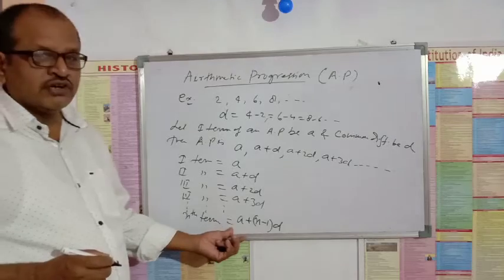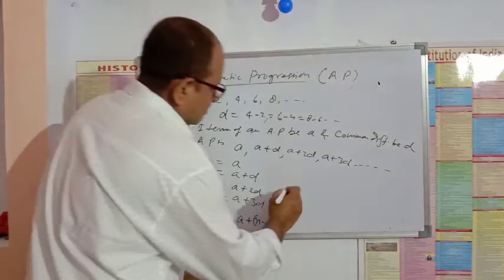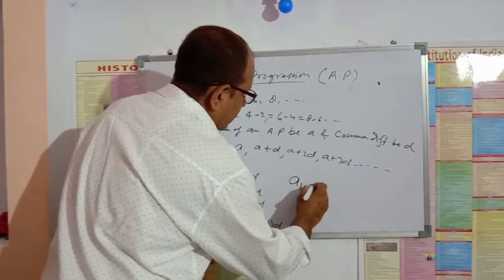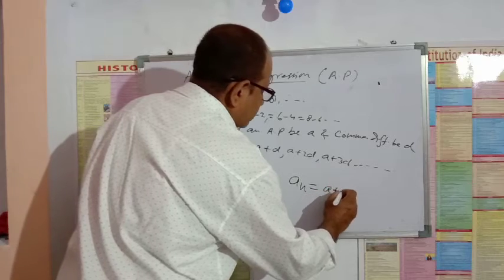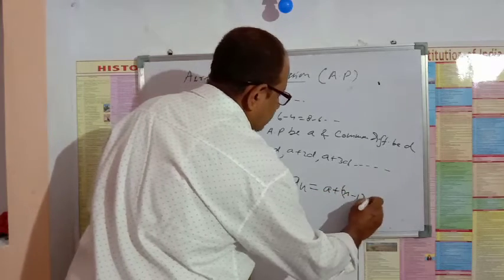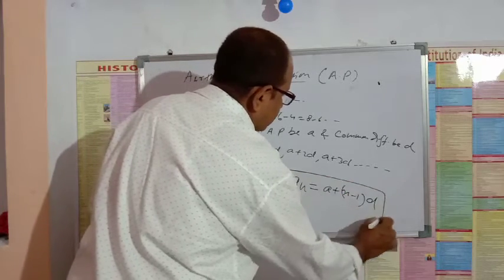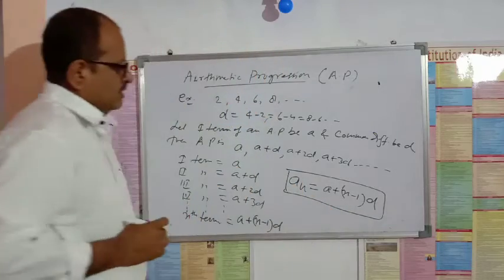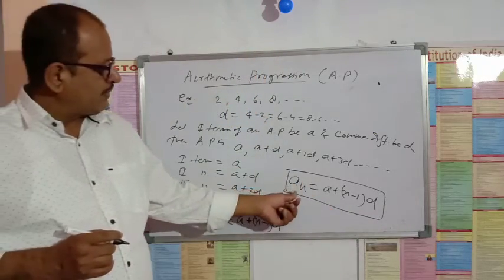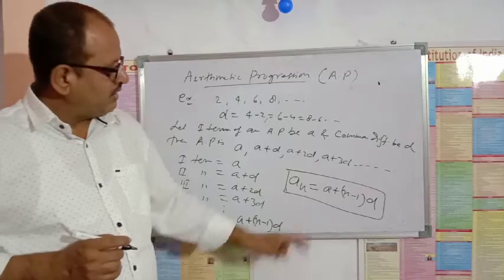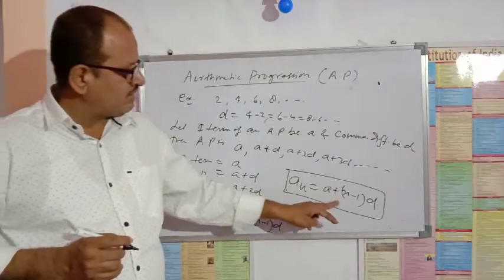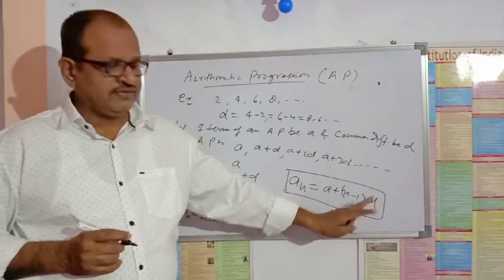This is the formula for the general term, the nth term. The nth term is denoted by a_n. So a_n is equal to a + (n - 1)d. This is the nth term of an AP, where a is the first term and d is the common difference.